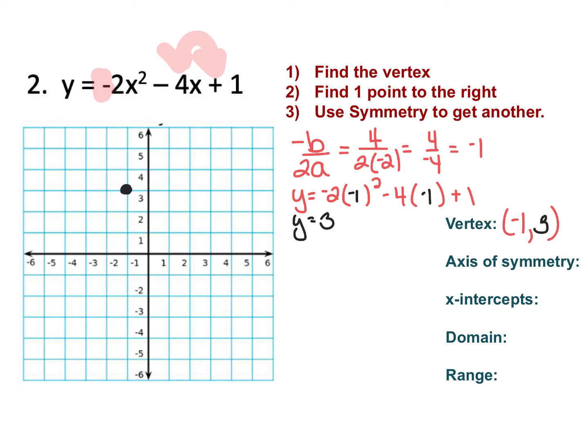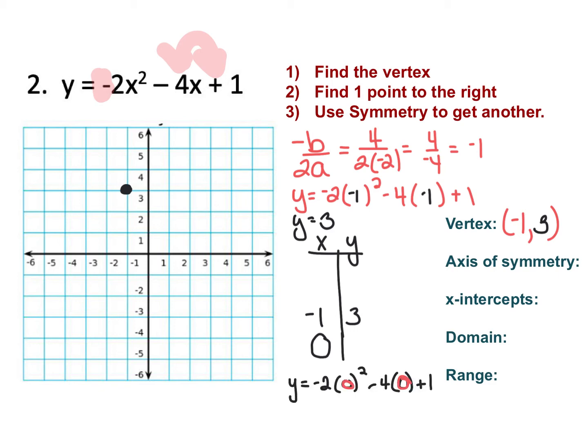And I know it's going to open downward. So you need to find at least one other point, and then we'll use symmetry to graph the rest. So if my vertex is at x = -1, I choose one point to the right. I'm going to pick 0 because that's 1 unit to the right of my vertex, and I'm going to plug in 0. When I plug in 0, I get 1.